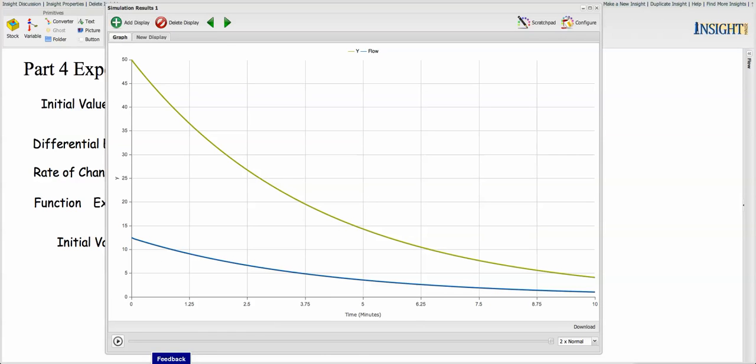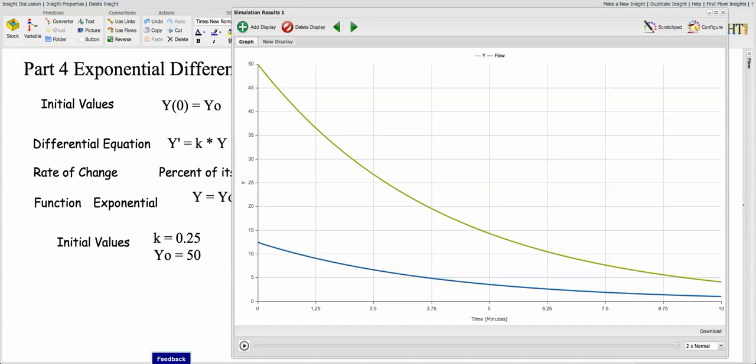So here is the graph of y and flow. The flow is, remember, k times y, y prime equals k times y.